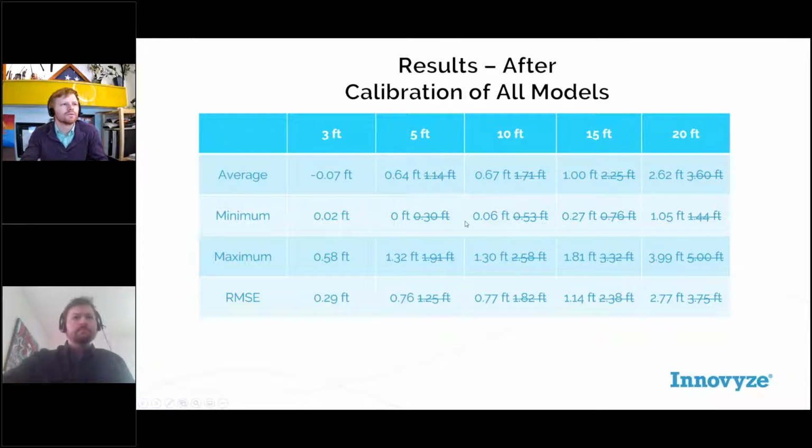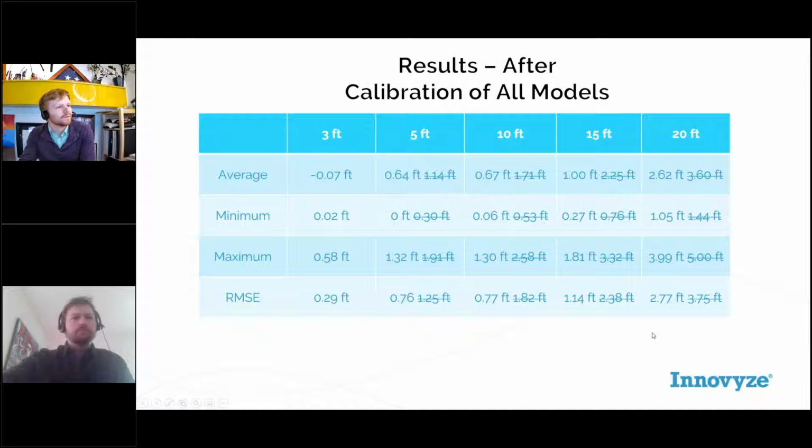I will say I only focused on the Manning's n to try to get things calibrated. But as you can see, we got closer with a lot of the different ones, probably one that's a little more reasonable, a little more palatable, would be this 5-foot difference where we tweak those numbers.